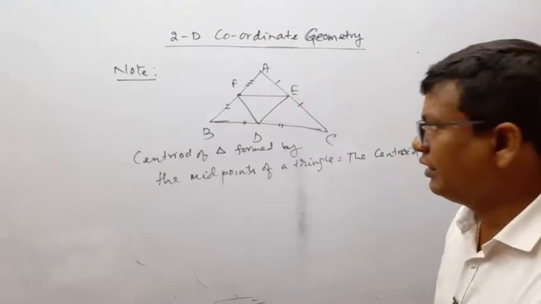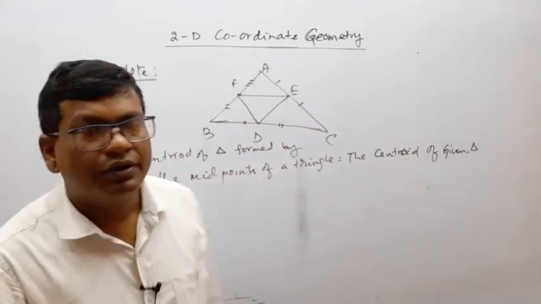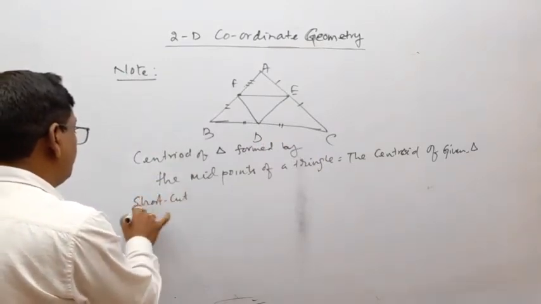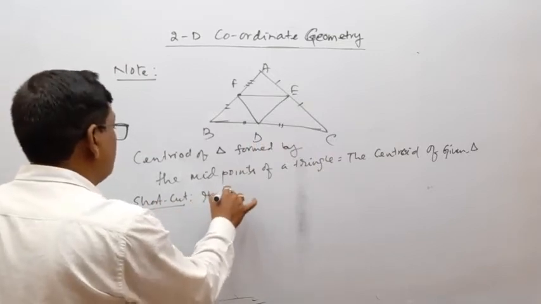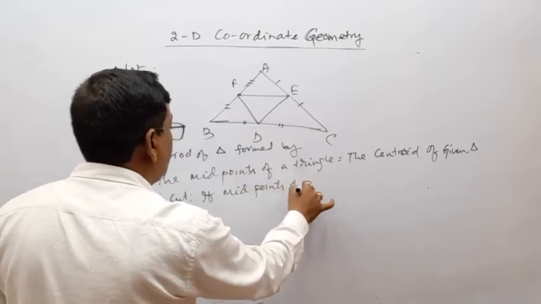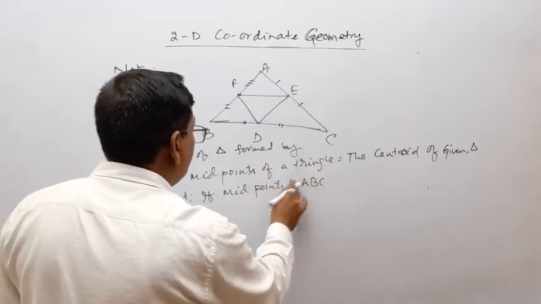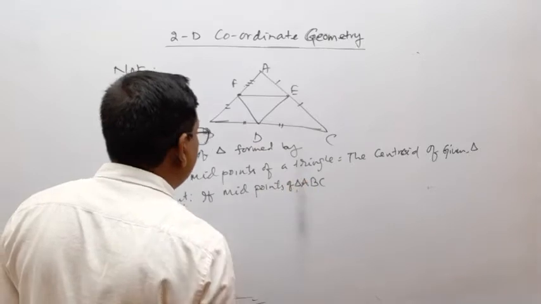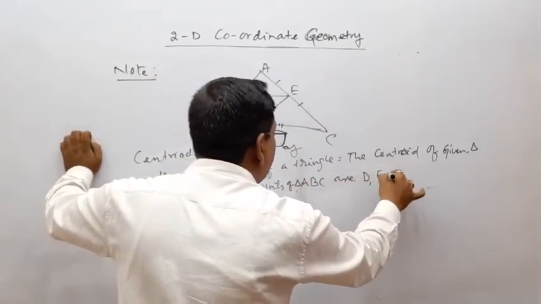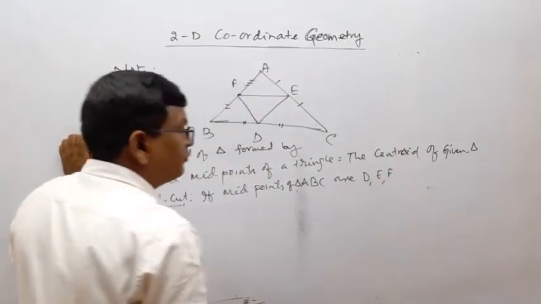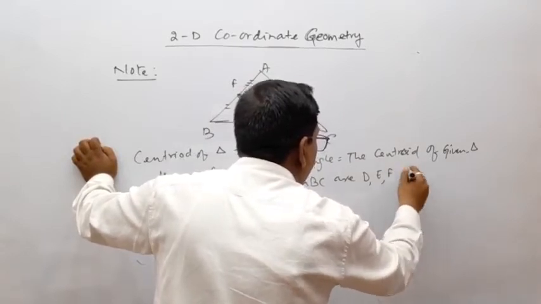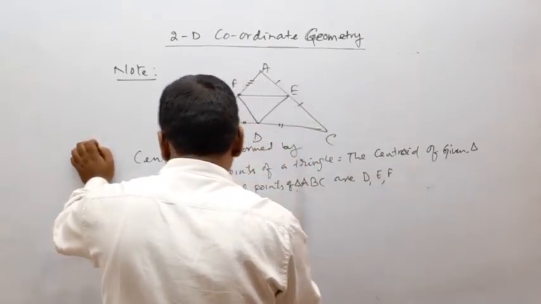So another shortcut. If the midpoints of the sides of triangle ABC, D, E, F, are given midpoints of the sides of the triangle.